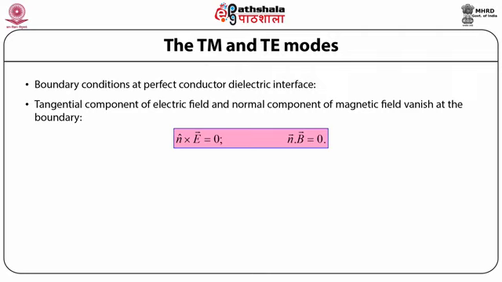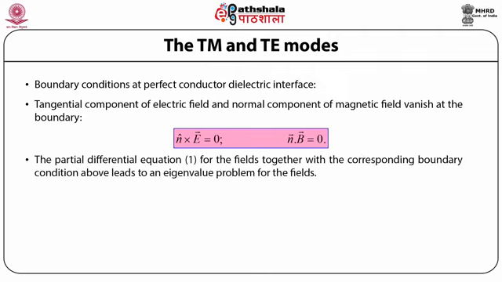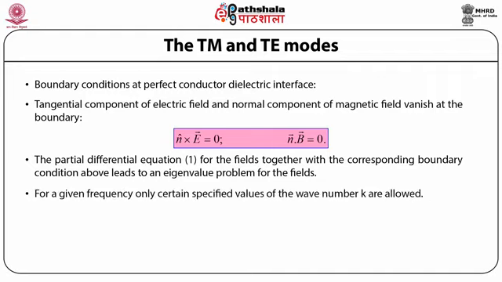So from this we can see that the partial differential equations or the wave equations that we had defined earlier for the fields, together with the corresponding boundary conditions that we have defined above, lead to an eigenvalue problem for the fields. Also, for a given frequency, only certain specified values of the wave number k are allowed.